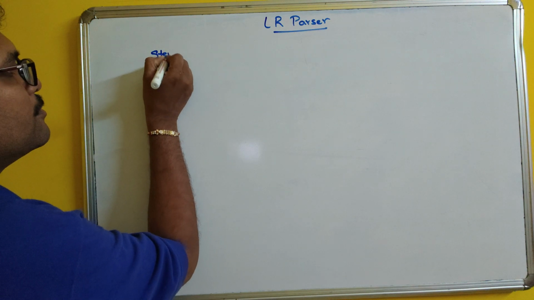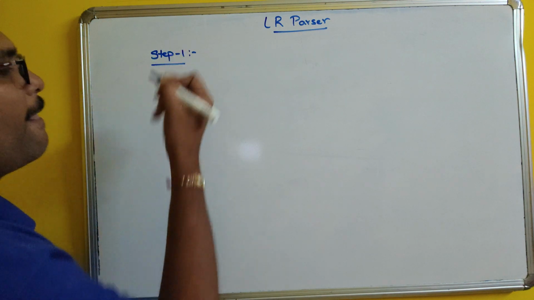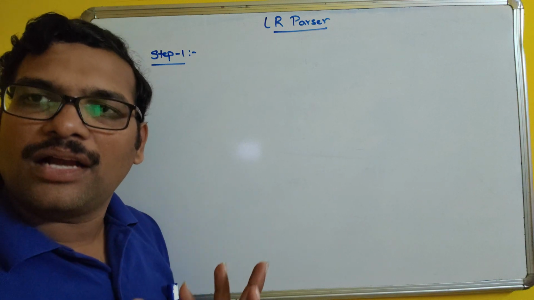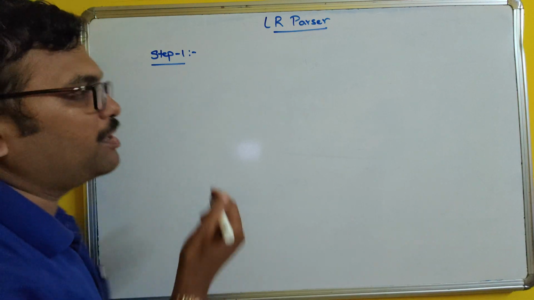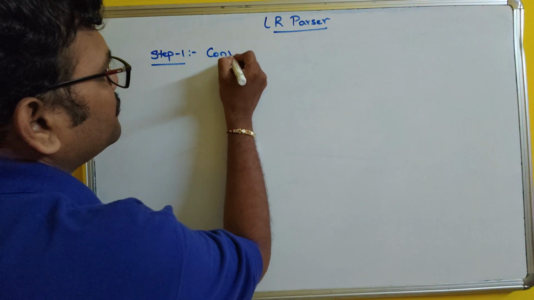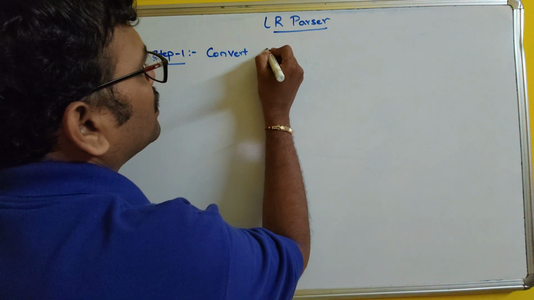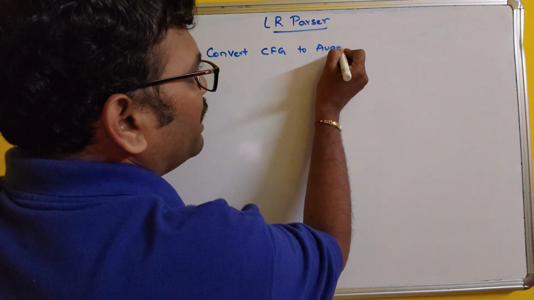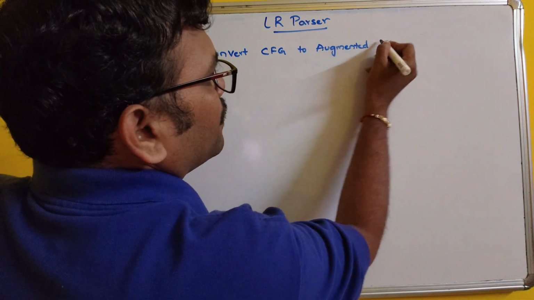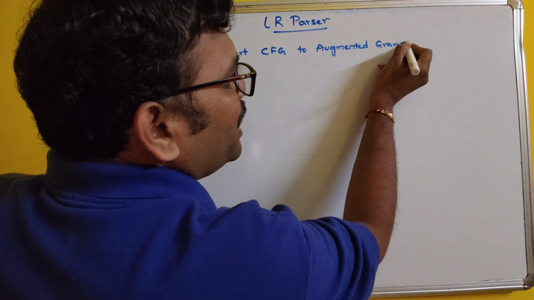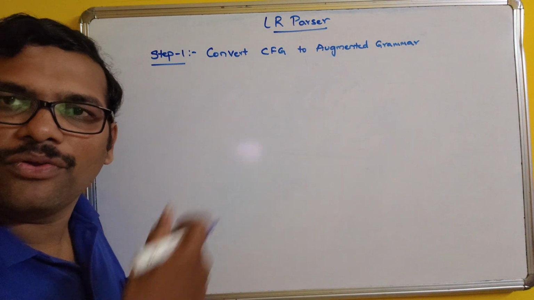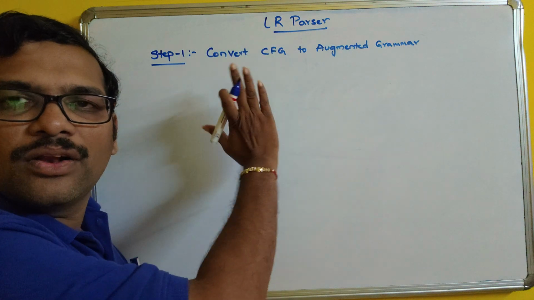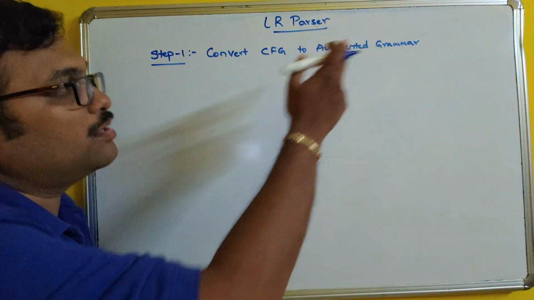Step 1: consider the context free grammar and convert it to the augmented grammar. I'll tell you how to convert the normal CFG to the augmented grammar when we go through each step.